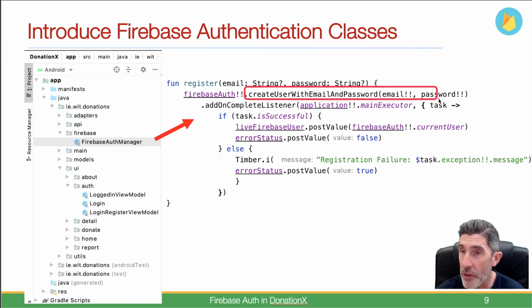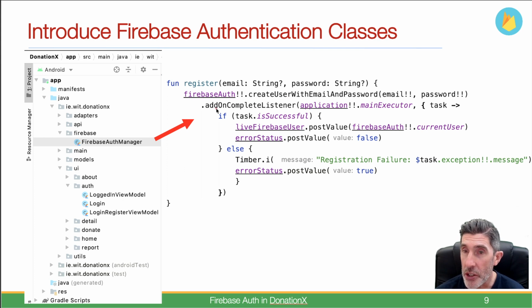That's coming directly from the developer docs. It's a method we can use on our Firebase Auth instance to create, or in our case register. So we're passing in an email and a password that we will have gotten from the UI itself, passed through the view model and then into our Firebase Auth Manager to go off and actually make those connections.